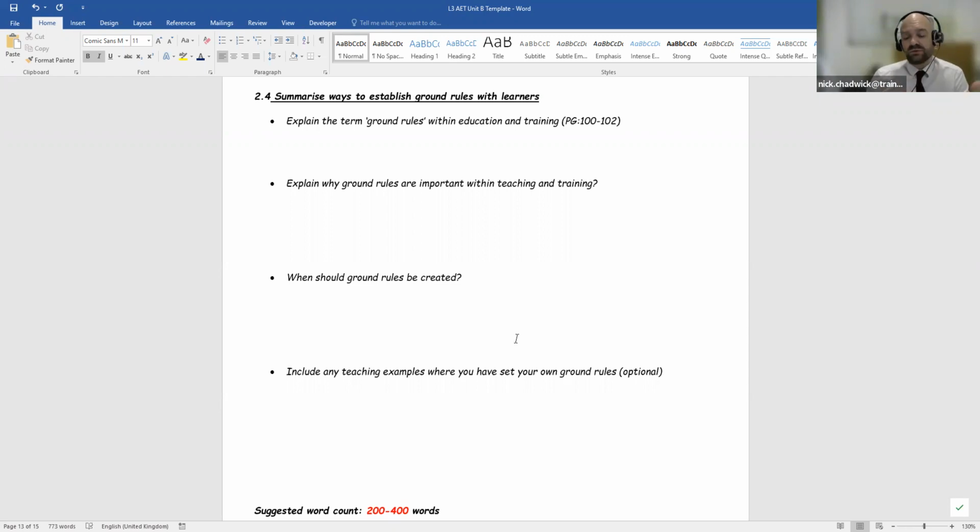Okay, so ground rules are boundaries and rules which are used to help to create suitable conditions within which learners and yourself can work safely and learn. Ground rules should underpin appropriate behavior and respect for everyone in the group, including yourself, and ensure the lesson runs smoothly.